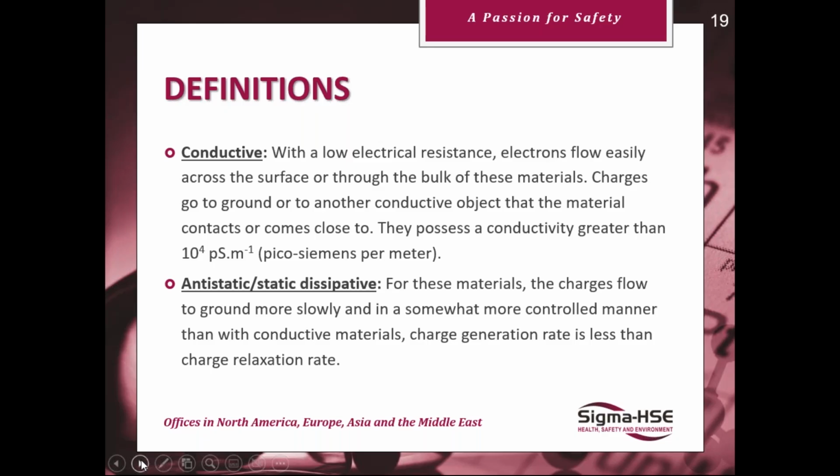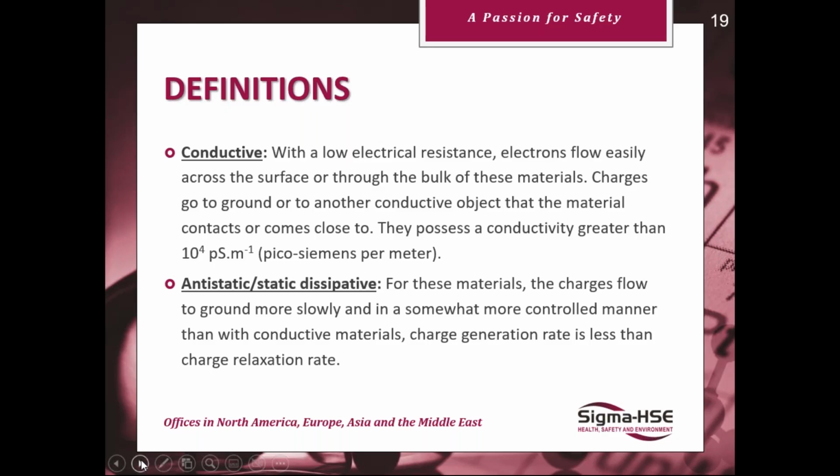So let's look at some definitions. We have conductive. This is materials with a low electrical resistance. In other words, the electrons flow easily across the surface or through the bulk of these materials. Charges go to ground or to another conductive object that the material contacts or comes close to.